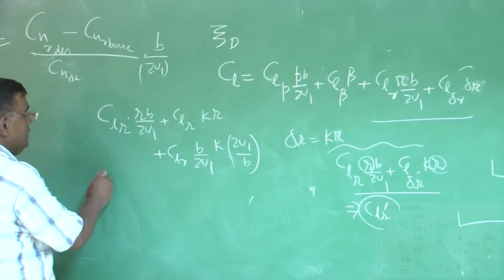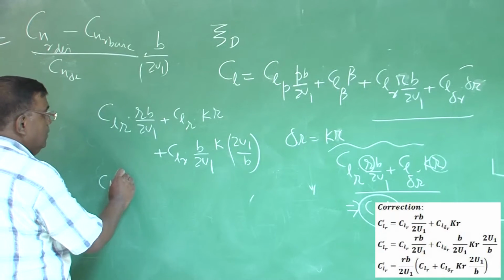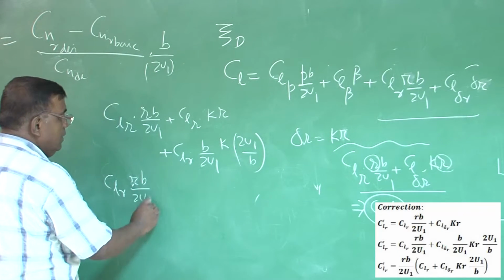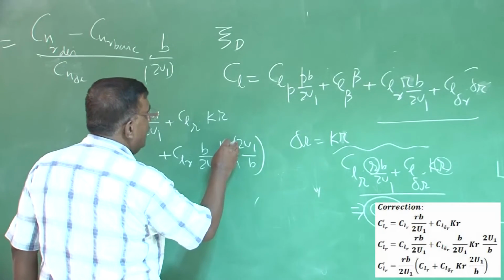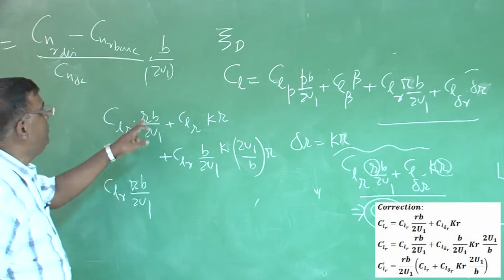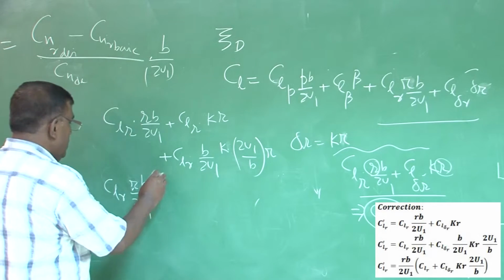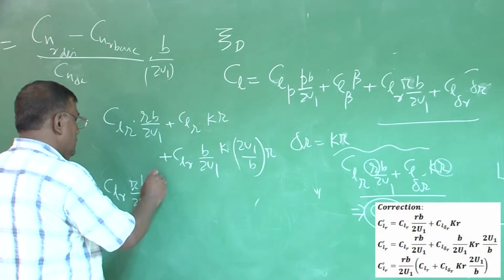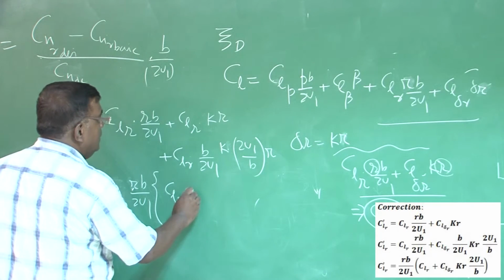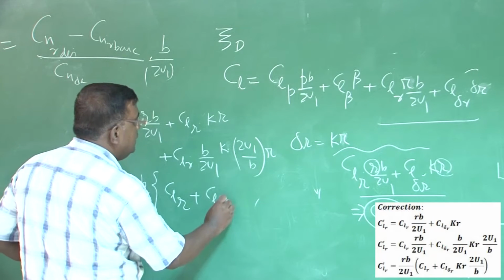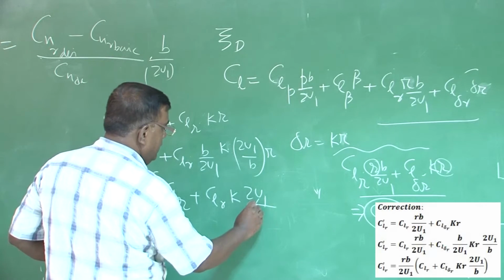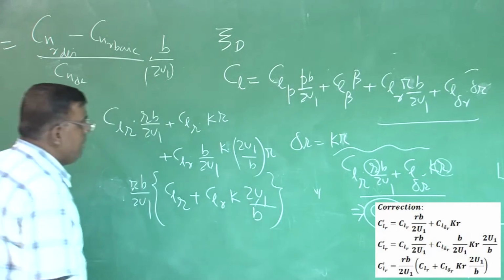So I can take CLR into Rb by 2u1, R is here, there is R. So if I take Rb by 2u1 from here and here, so I have Rb by 2u1 and a common, I say CLR plus CL delta R K into 2u1 by b, right?